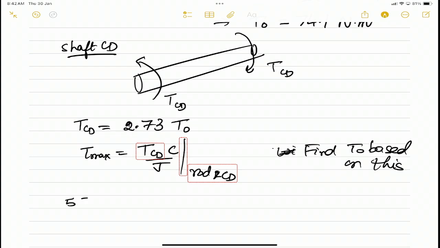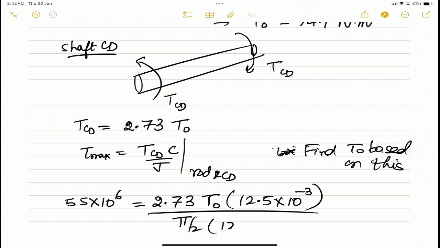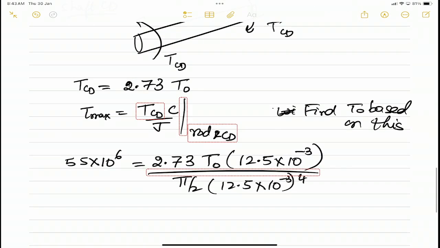So this will give me 55 into 10 to the power of 6 is equal to 2.73 T0 into 12.5 into 10 to the power of minus 3 divided by pi by 2. And this implies T0 is equal to... working out T0 based on this second estimate, I get T0 is equal to 61.8 Newton meters.